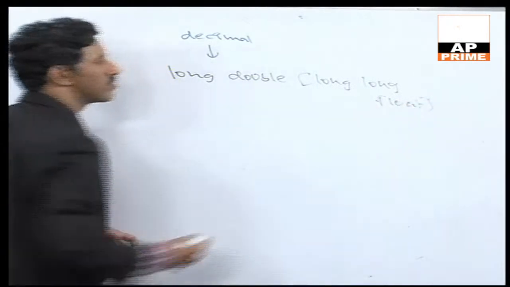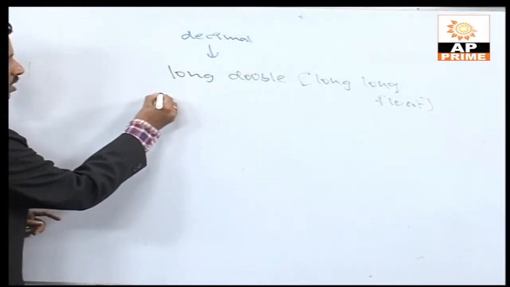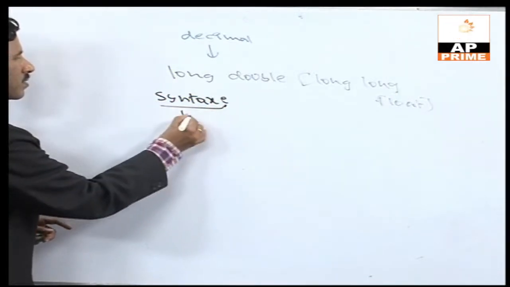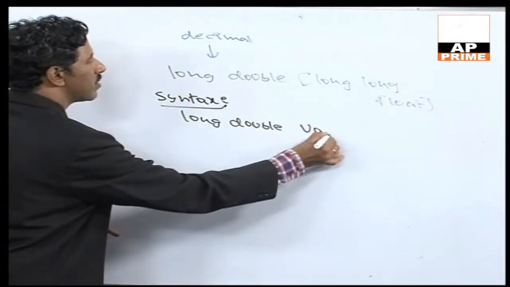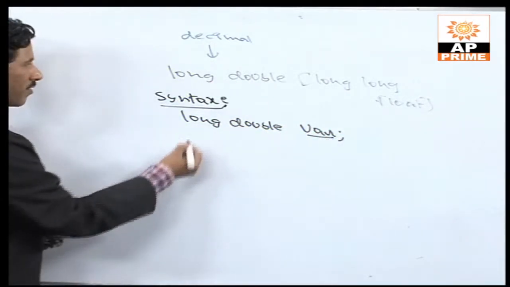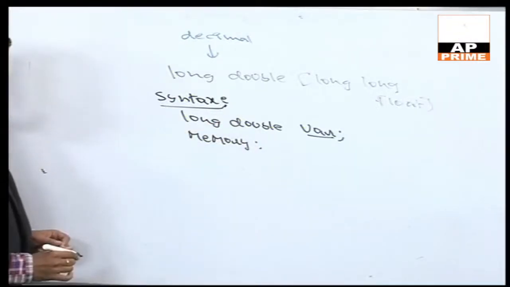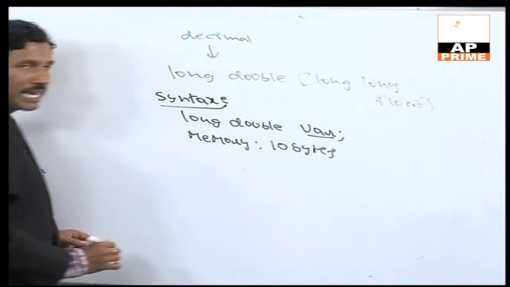If I mention long double with a variable, what is the memory occupation? Memory occupation is 10 bytes.